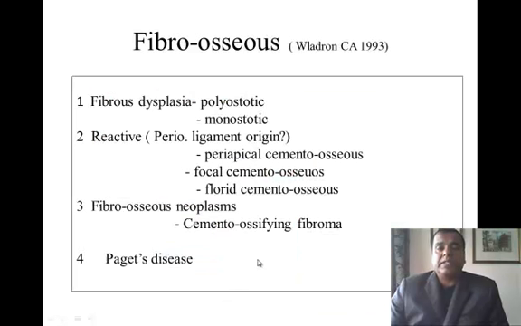Fibroosseous lesions, Waldron classified these in 1993, and these include fibrous dysplasia, which is polyostotic, which means involving many bones, or monostotic, single bone. Reactive periodontal ligament origin are the periapical cementosseous dysplasia, focal cementosseous dysplasia, and florid cementosseous dysplasia.